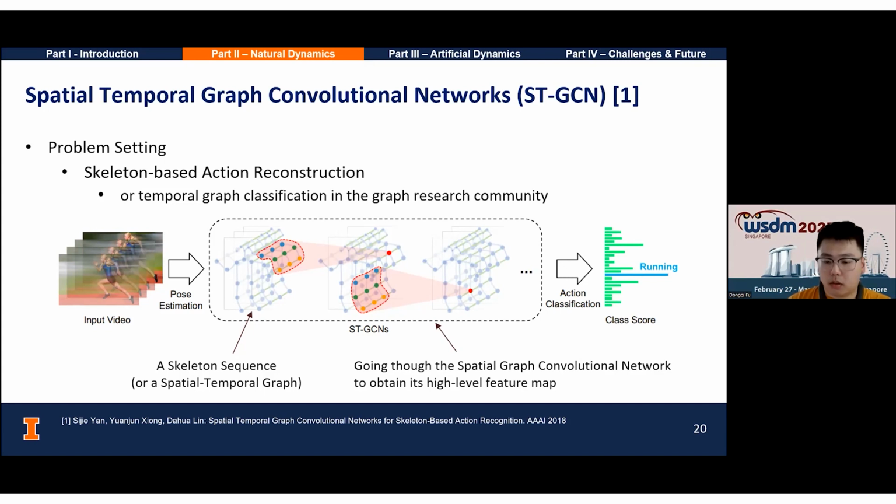This spatial temporal graph then goes through the spatial graph convolutional network for representation learning to obtain the high-level feature map. After that, a readout function realized by a multi-layer perceptron, for example, is used to read out the category probability for the action classification, or graph classification. As shown in the figure, a sequence of video snapshots is classified as the running action.